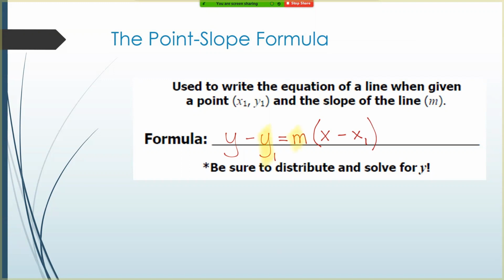There are three things you're going to have to do here. You're going to substitute in for y1, m, and x1. And then you're just going to distribute and solve for y. Your final answer will have x and y in it. So don't let that confuse you.